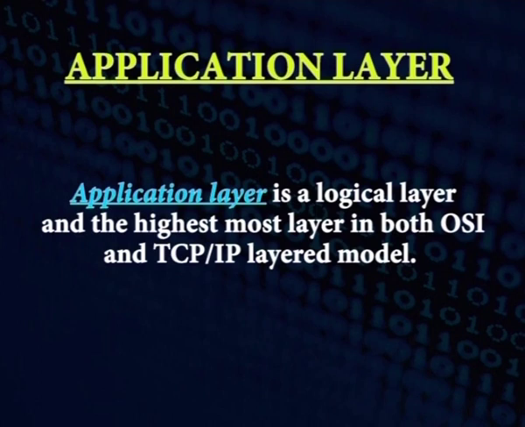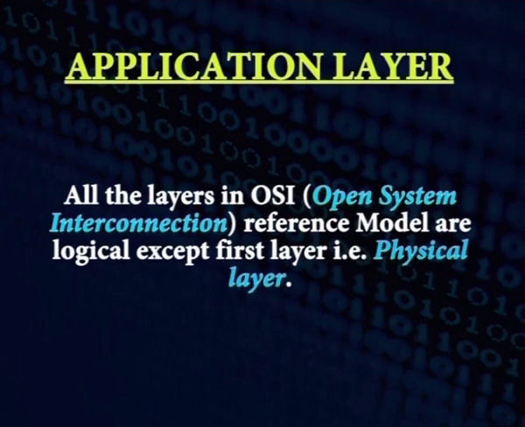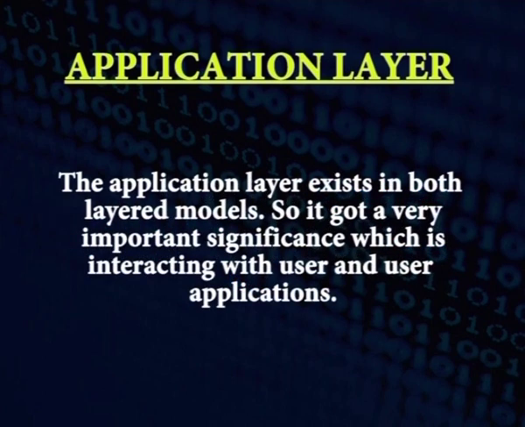Let's understand now the definition of application layer first. What is it actually? Application layer is a logical layer and the highest layer in both OSI and TCP/IP layered models. All the layers in the OSI reference model are logical except the first layer, that is physical layer. The application layer exists in both layered models, so it has a very important significance, which is interacting with user and user applications.